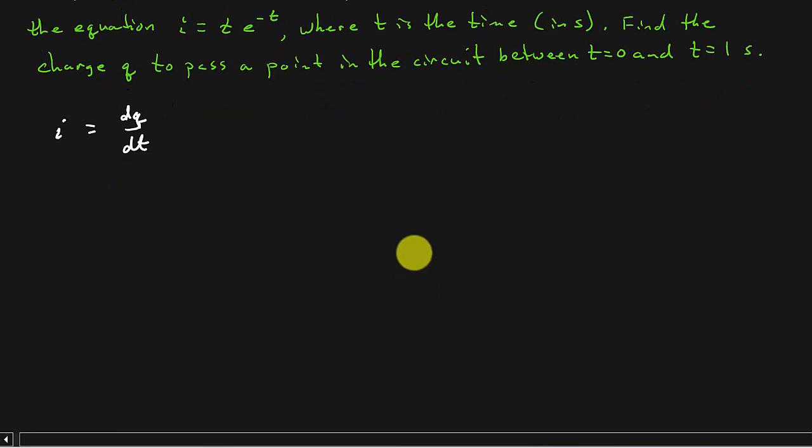So dq/dt is equal to t e to the negative t. And so now to get q, all we need to do is integrate it and evaluate it from 0 to 1. So I've got q is equal to the integral from 0 to 1 of t e to the negative t dt.